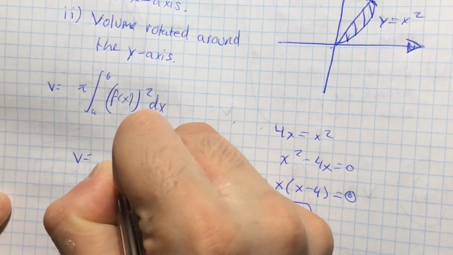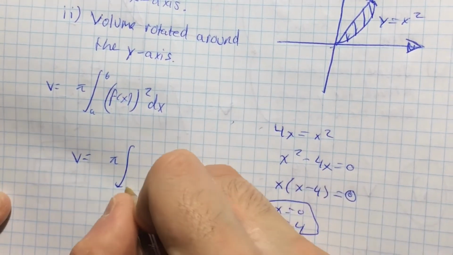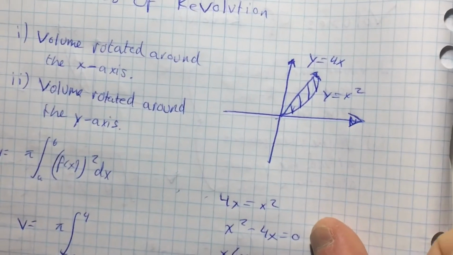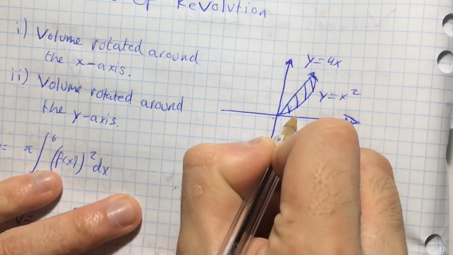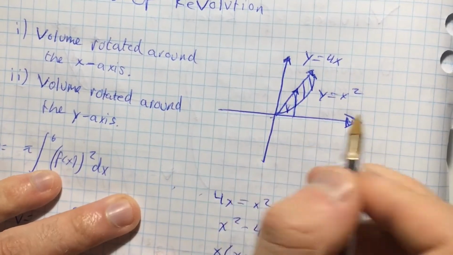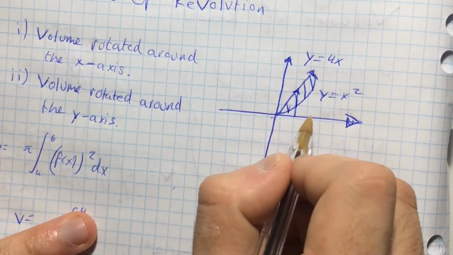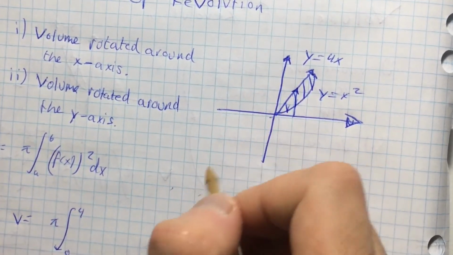Volume is equal to pi times the integral from 0 to 4 of f of x all squared. Here's how you do it. How do you find out what f of x all squared is? You move your pen up from the horizontal axis, straight up, and then whatever function it hits at the top, that's your first function.